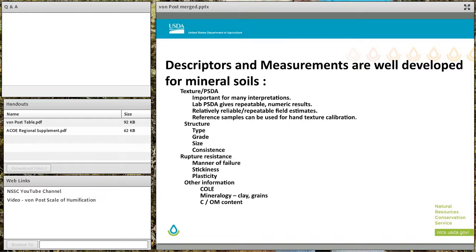Mineral soils have been studied for a long time, and there's a well-developed system for describing them. And there are terms that can be used in quantitative applications and determination. So in addition to these, there are detailed things like pores and concretions, nodules. So that's well developed for mineral soils.